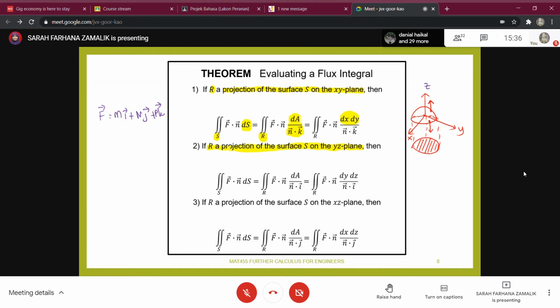So now let's say our surface has a projection on the YZ plane. For example, YZ. So this is X, this is Y, this is Z.